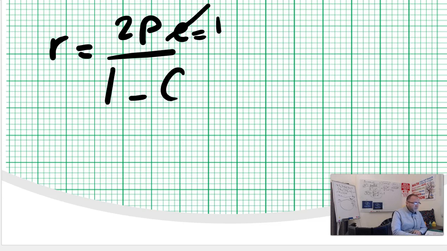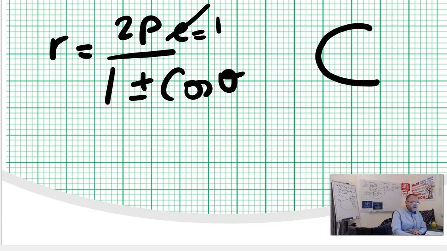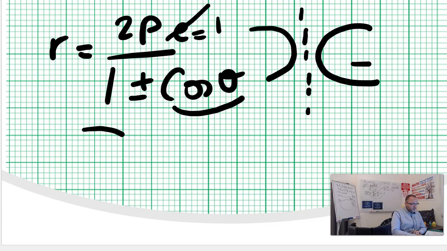Over 1 minus cosine theta or plus cosine theta if it's opening rightward and leftward, and that's very easy. This is horizontal, that's why it's cosine theta, right? And this one is the minus cosine theta. So we're dealing with opening to the right, with the directrix being here. And when we deal with 1 plus cosine theta, we're dealing with opening leftward and the directrix being here. Remember that very well.